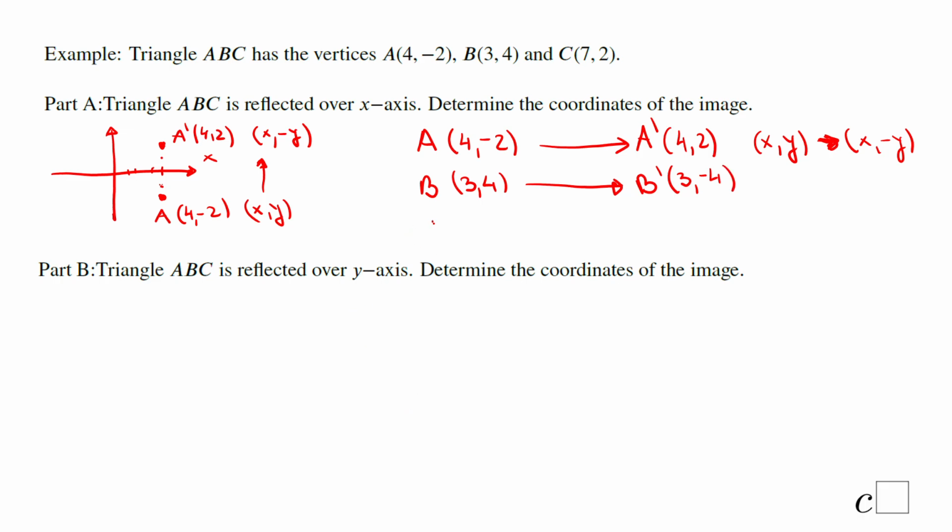The last one in this part A, point C, (7, 2), C prime becomes what? x stays, y changes, in this case becomes negative 2. And that's part A. Part B, it's reflected over the y-axis. Okay, so again, if you do not remember the rule, make a picture.